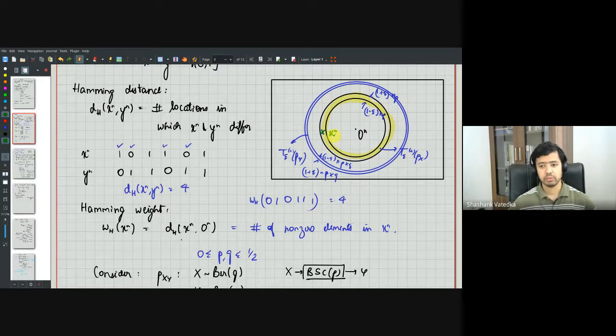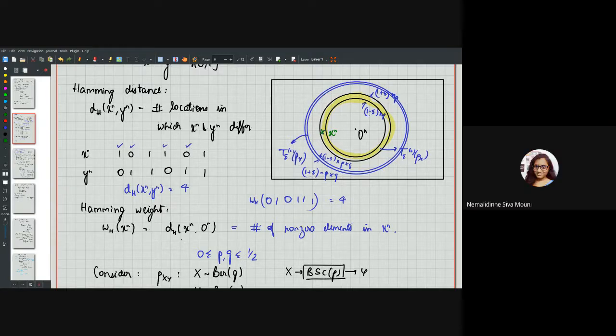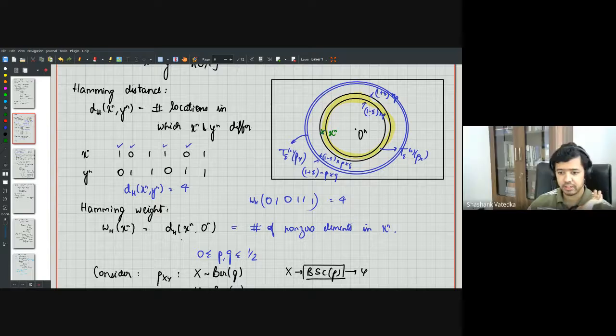What do you expect it to be close to? Then n p only it will be, right? Exactly, it's going to be close to n p.